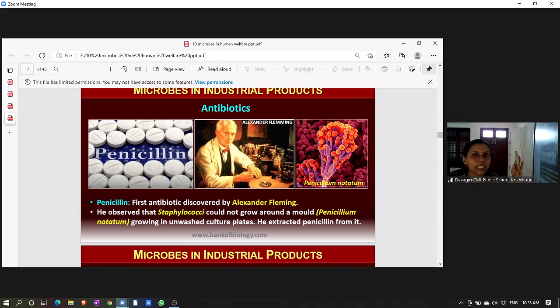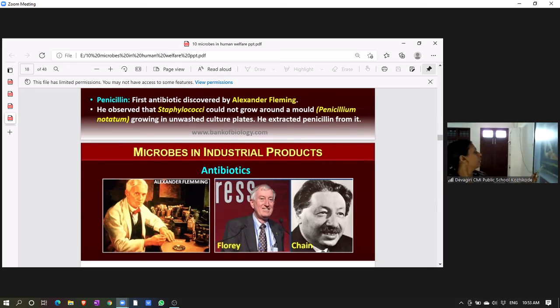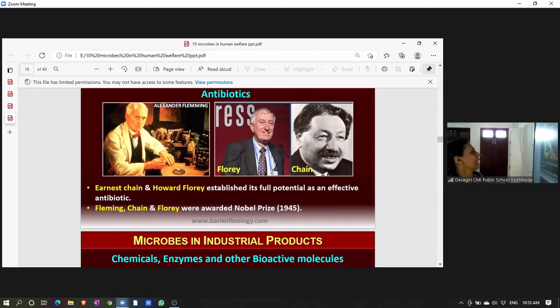Suppose a person is suffering from this Staphylococcus bacterium, and this penicillin is injected, what will happen? It can kill the Staphylococcus bacterium. So this is a chance discovery. Later this was used to treat the wounded soldiers in World War II. There were other persons like Florey and Chain, who found out the full potential of this penicillium.